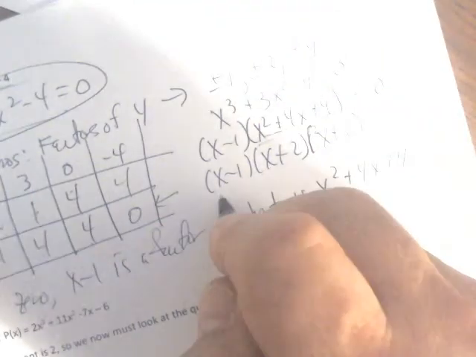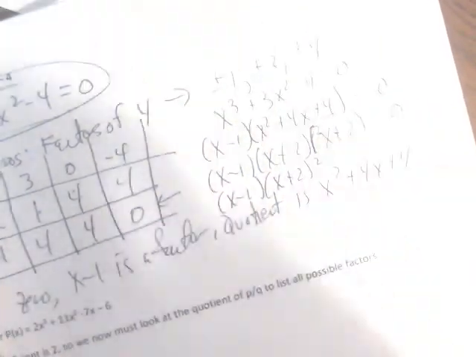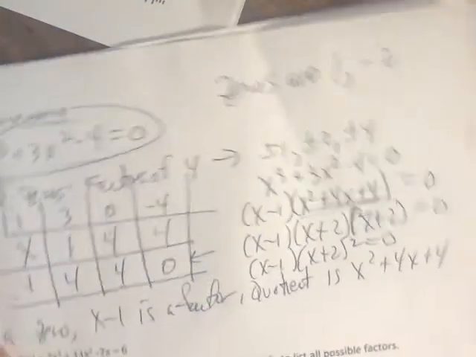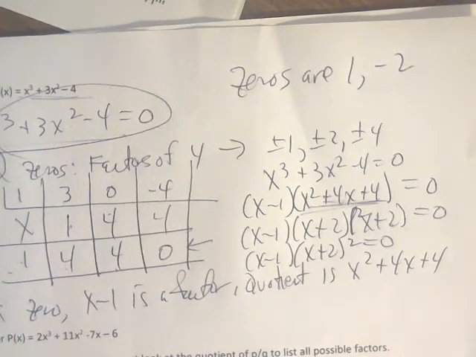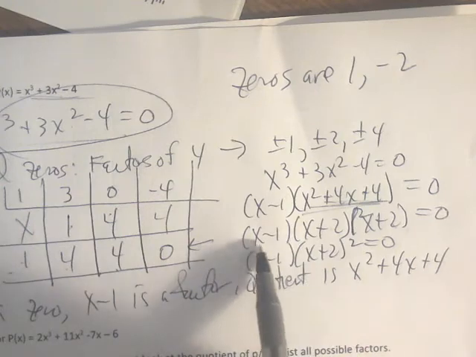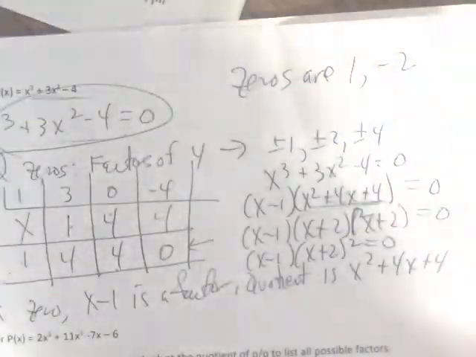So I get x minus 1 times x plus 2 squared equals 0. So therefore, my zeros are 1, negative 2. So just like any factors work, if I multiply all this together, I get what I started with.